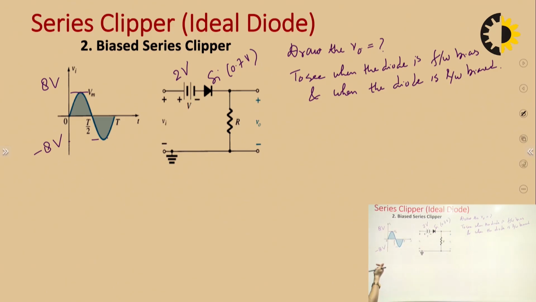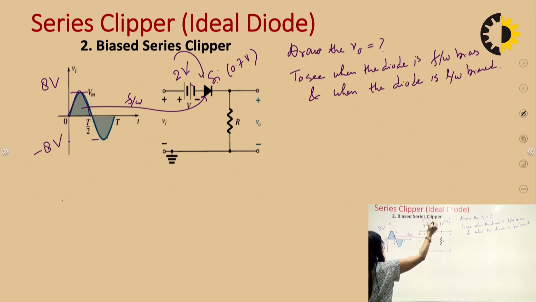Here we will see, this is 2 volt and this battery is making the diode reverse bias. Now at the positive half of the waveform, the input is making it forward bias and this particular battery is making it reverse bias. This we can readily solve from this circuit.